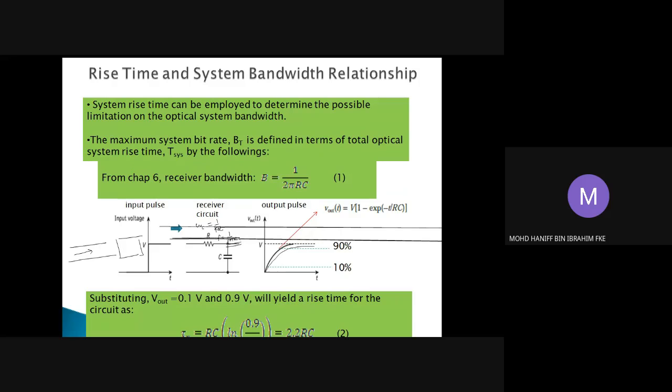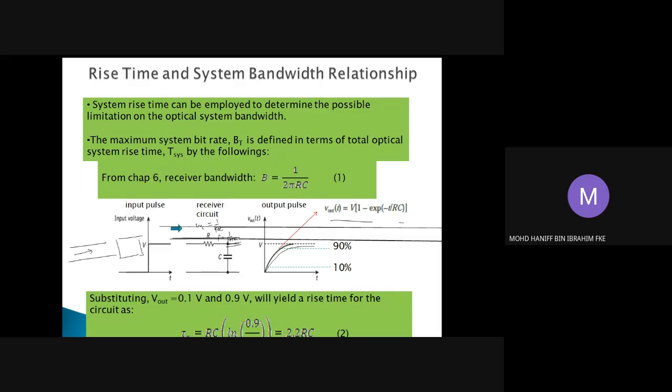Passing through this receiver circuit with the cutoff frequency of 1 over 2 pi RC, the output voltage measured across the capacitor will be V out equals V, the input voltage, times 1 minus exponential negative t over RC, where 1 over RC is the cutoff frequency.